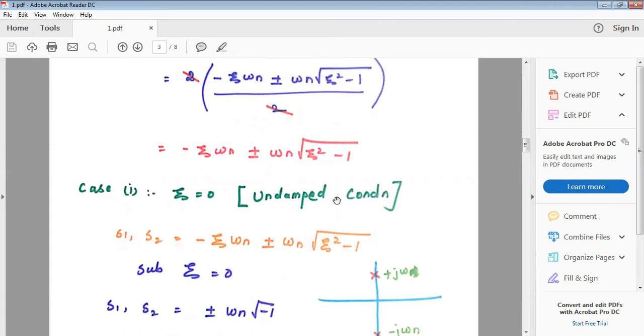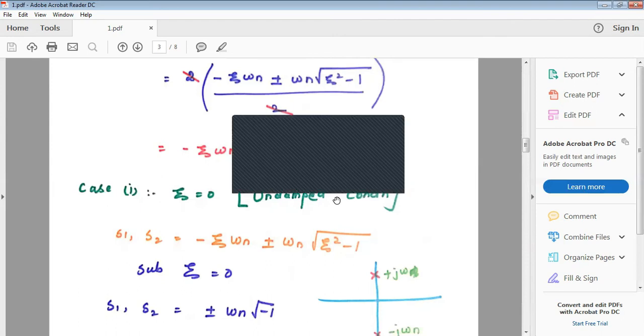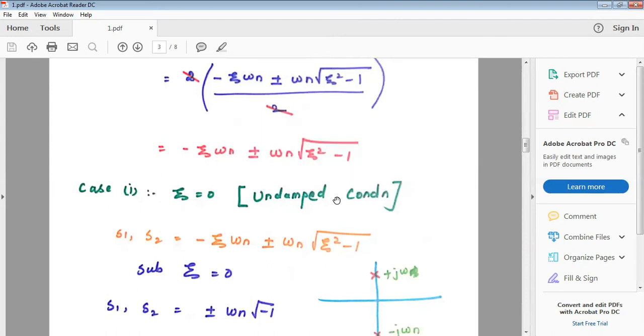Natural frequency is the angular frequency at which the system tends to oscillate in the absence of a damping force or friction. So the undamped system keeps on oscillating at its natural frequency without any decay in the amplitude.